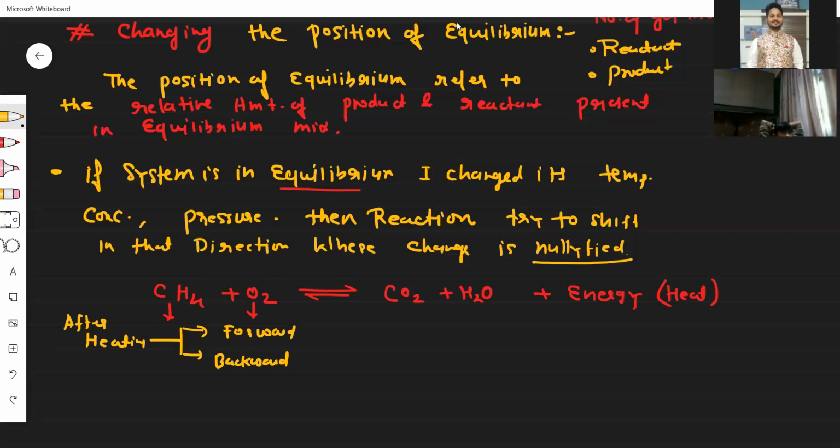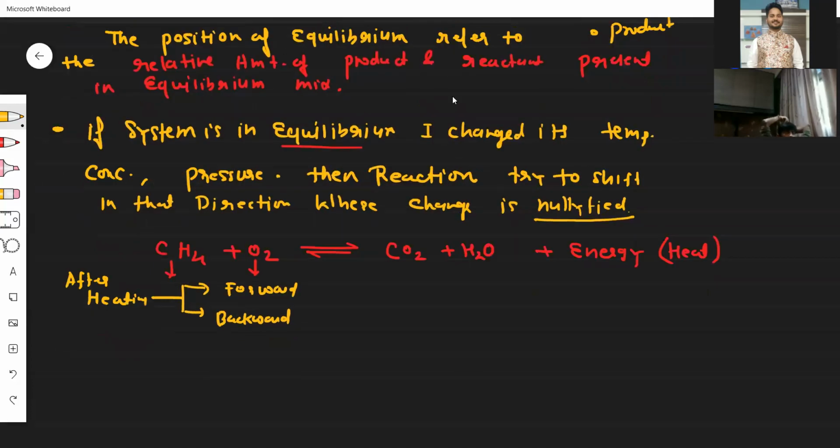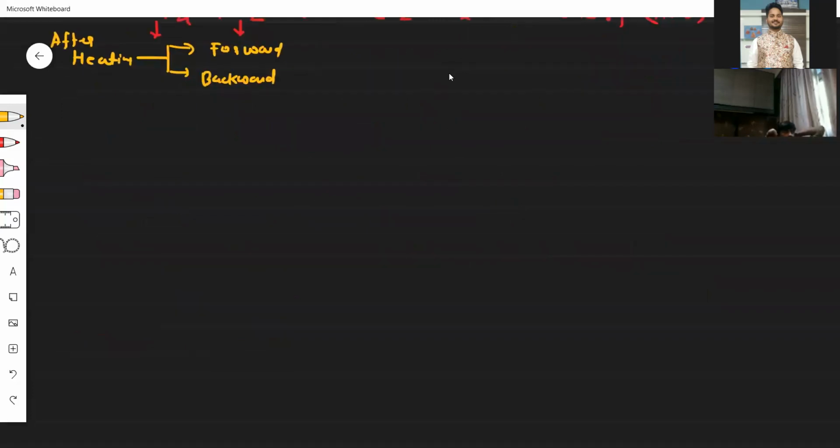There is a very important principle. You must have heard the name of that principle, the Le Chatelier principle. Have you heard it? This is the core concept of this chapter.